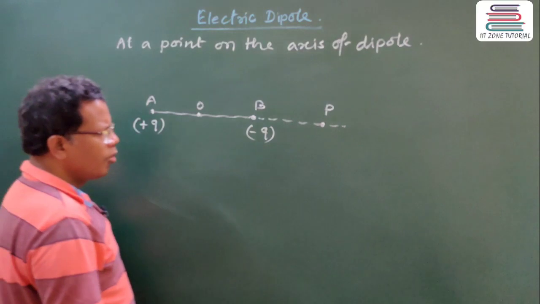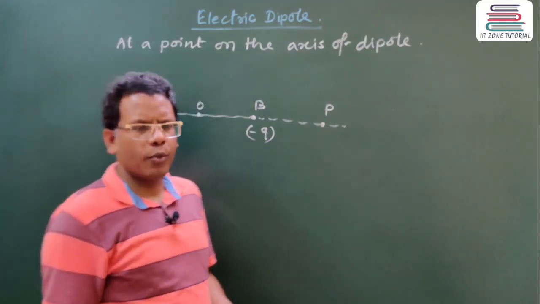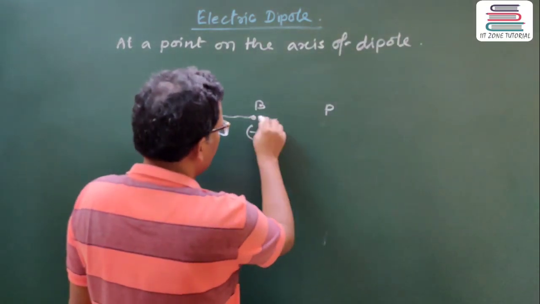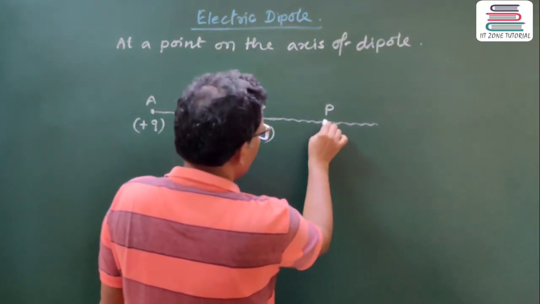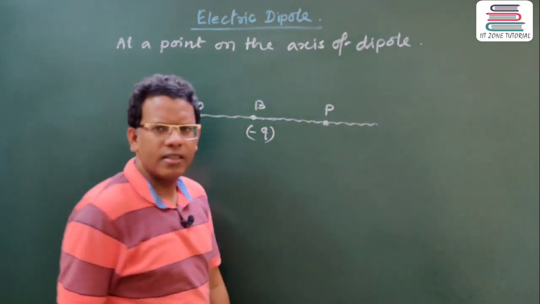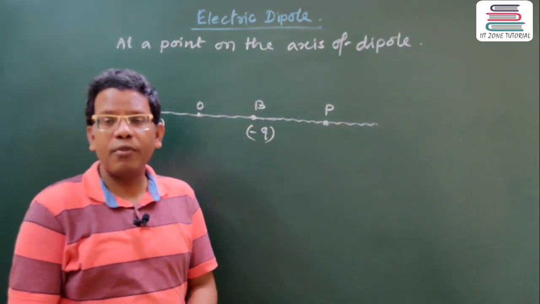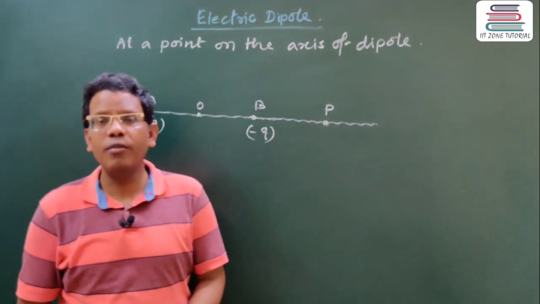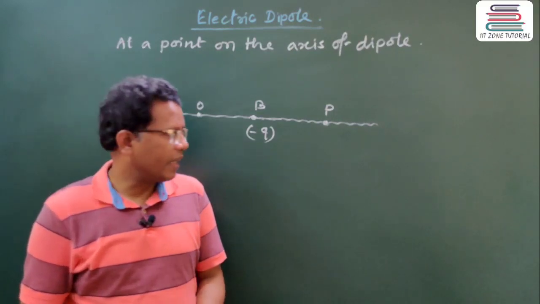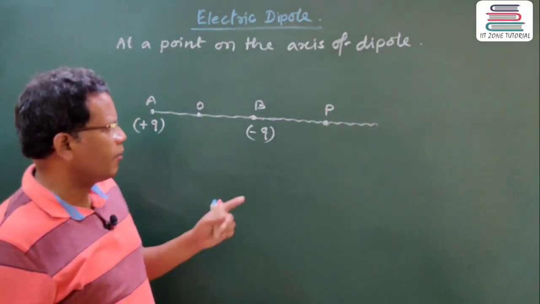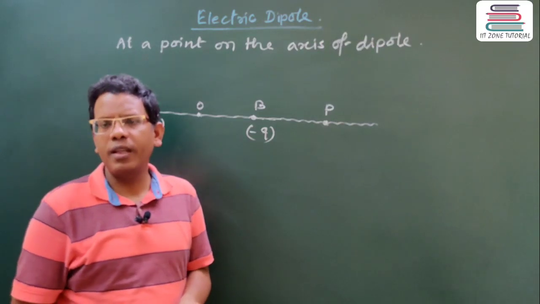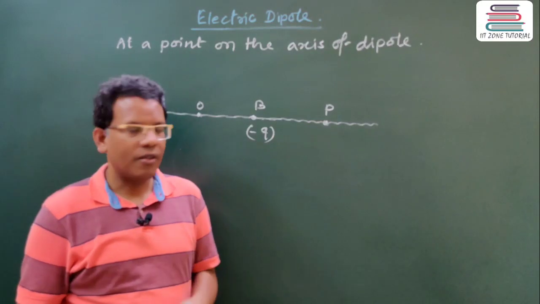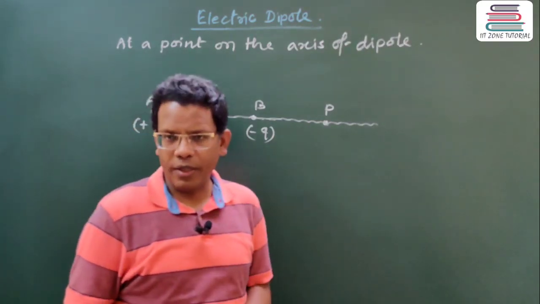If we want to know the electric potential due to this dipole, then from the concept of potential we have done in the previous case, the potential due to one fixed charge at any point is the work done. Electric potential at any point due to one charge is the work done to bring a plus one test charge from infinity to that point, right?